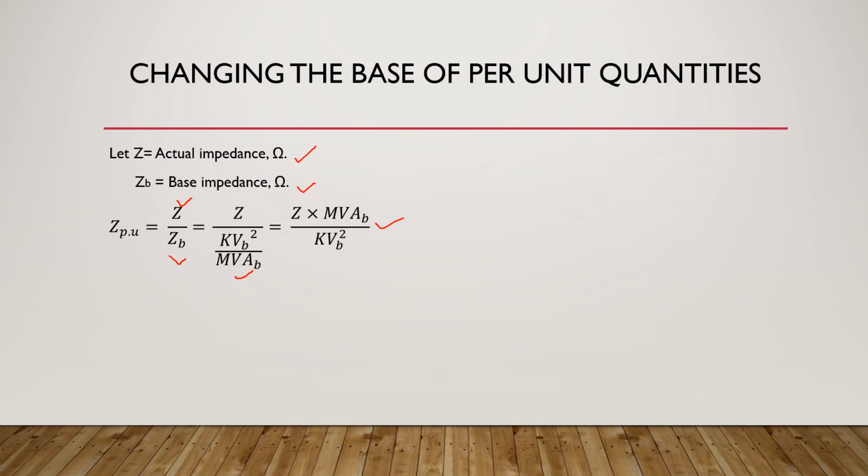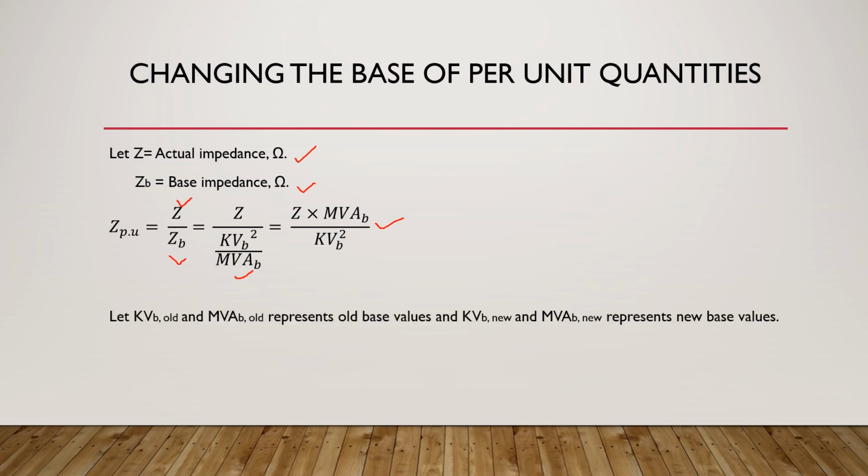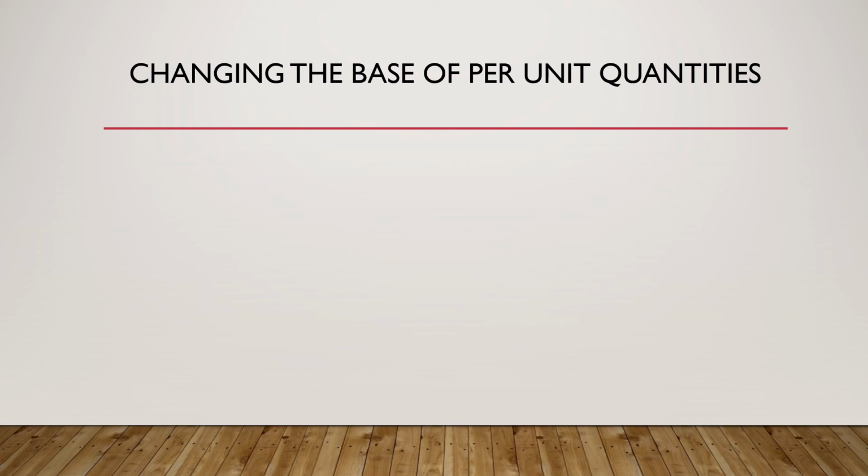Once you are done with this equation, the rest is easy. In the suffix, if we take old, that means the old base value, so MVA old is the old base value. Similarly kVB new and MVAB new represent new base values. Old values, new values.